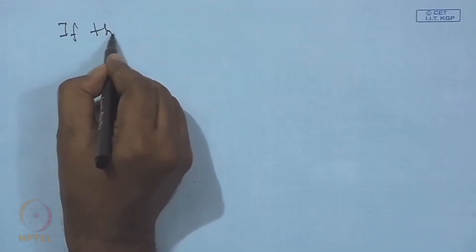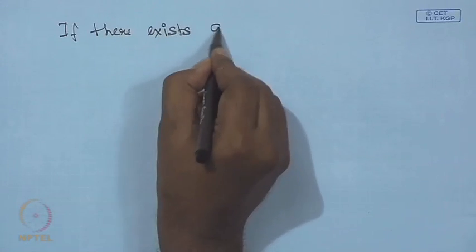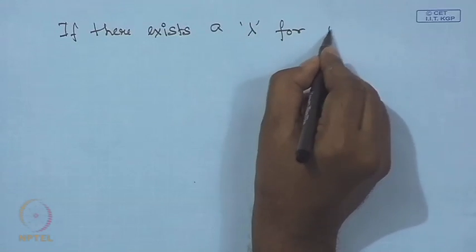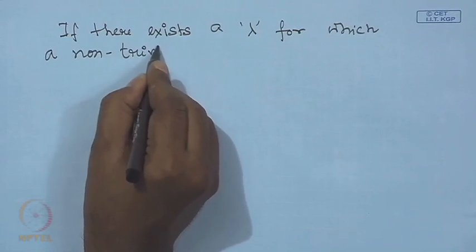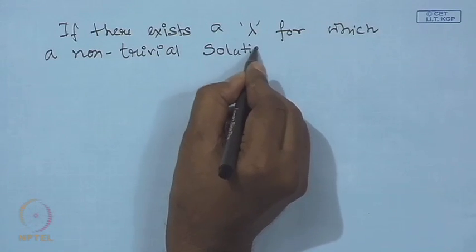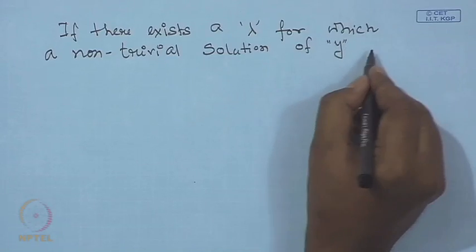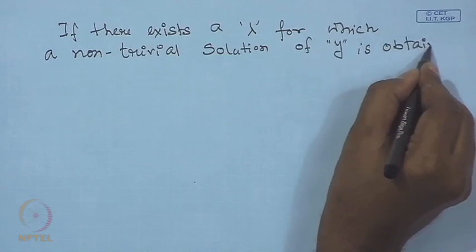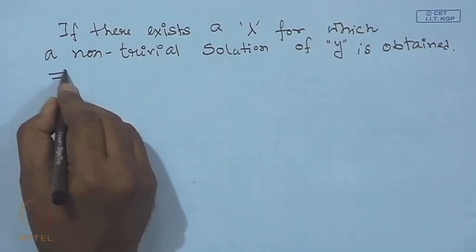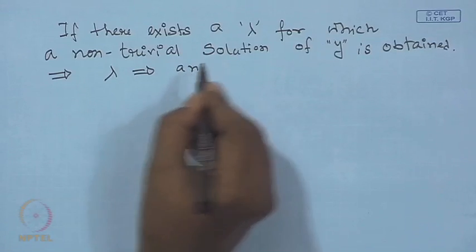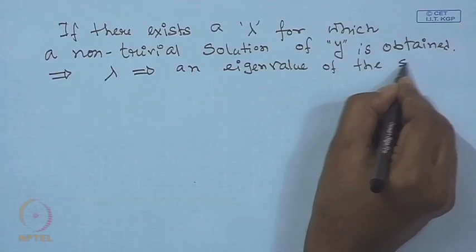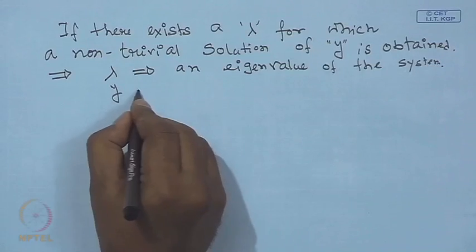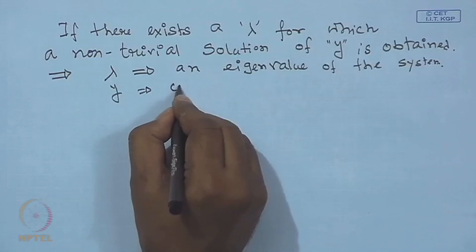If there exists a lambda, that is a scalar, for which a non-trivial solution of y is obtained, then we call lambda an eigenvalue of the system, and the corresponding y, or the solution, is known as the eigenfunction.